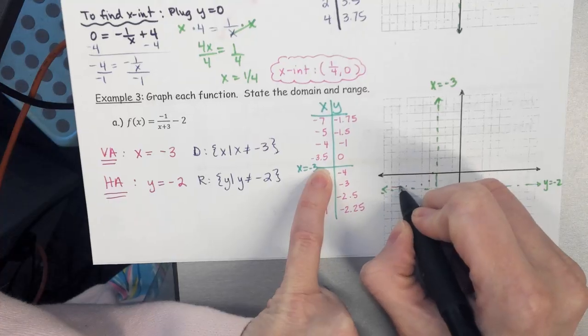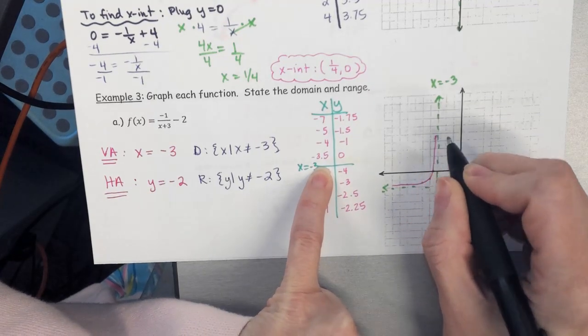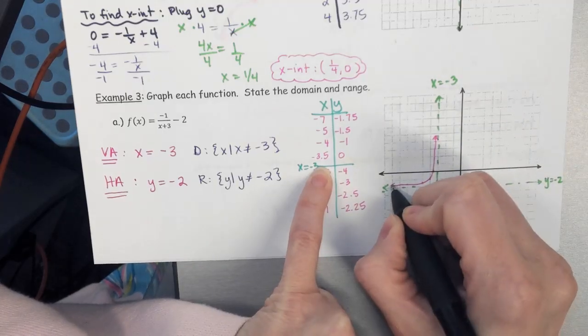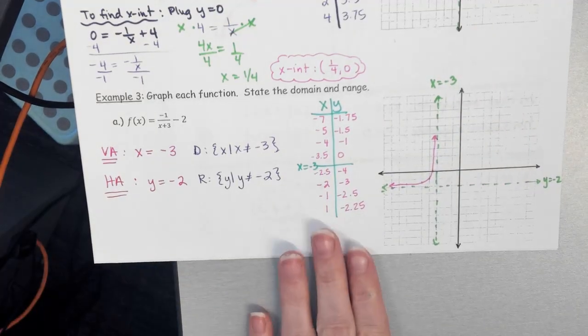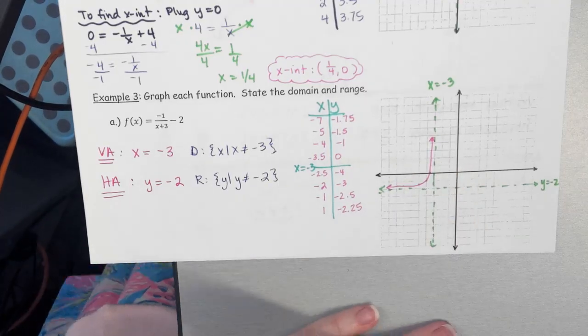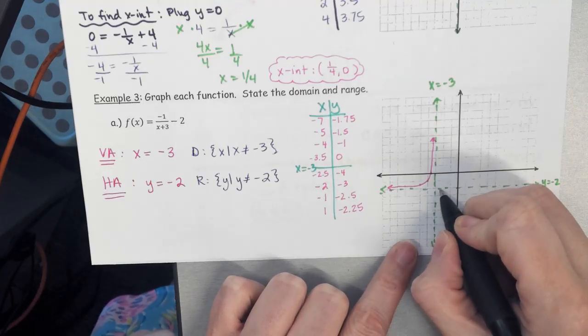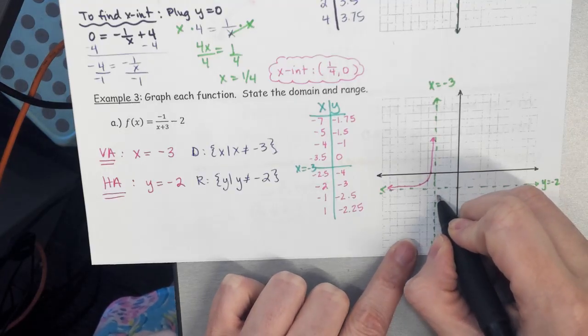Okay, and then remember we're connecting these with a curve, and this is going to be going up. This is going to be going to the left. Okay, so make sure you have the arrows on both sides there. At -2.5 and at -4.